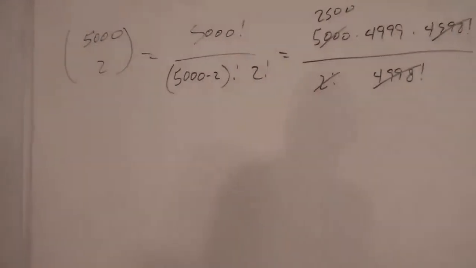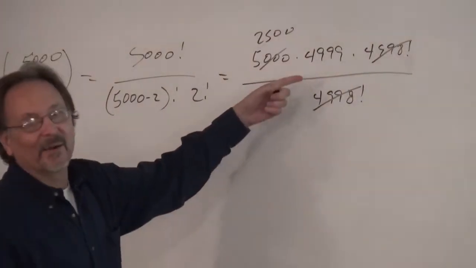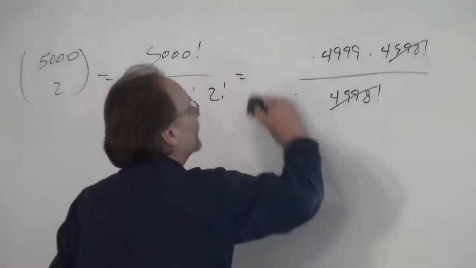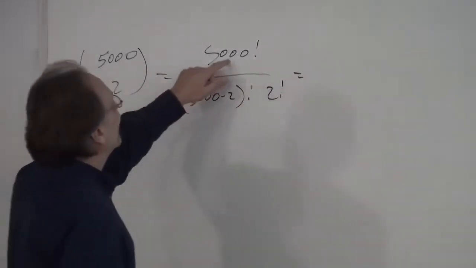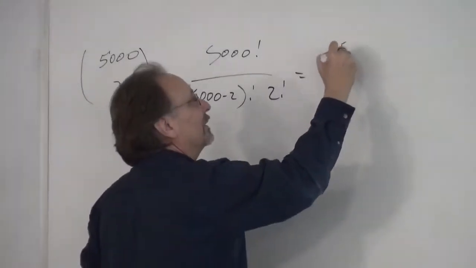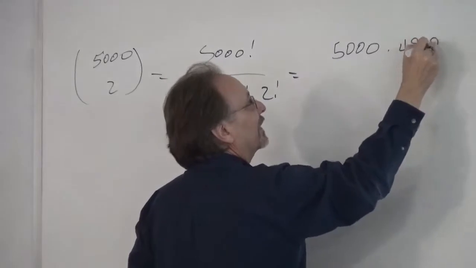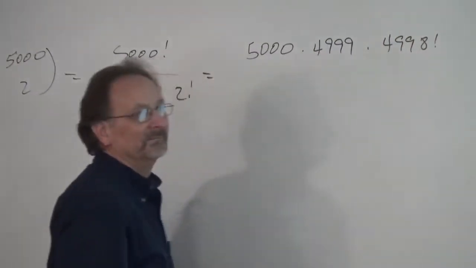2,500 times 4,999. Can you do that simplification one more time? Sure. Let's make sure I get the right answer before I go any further. It is right. Okay, I'll do that again. 5,000 factorial is 5,000 times 4,999 times 4,998 factorial.